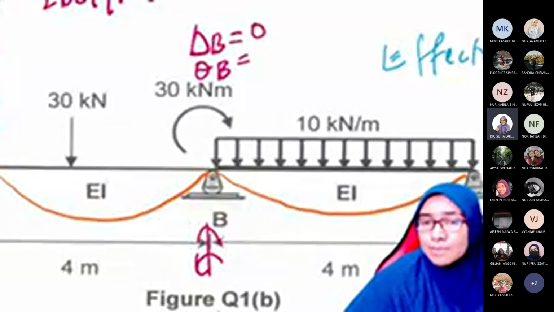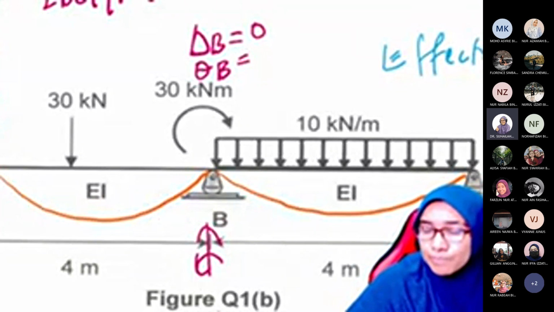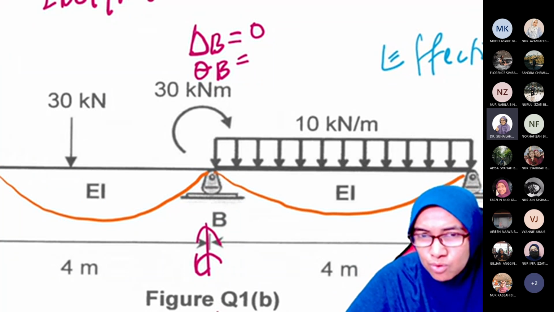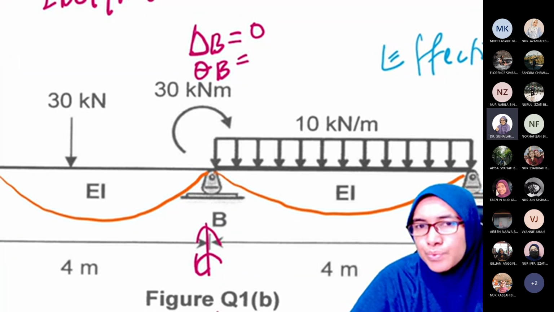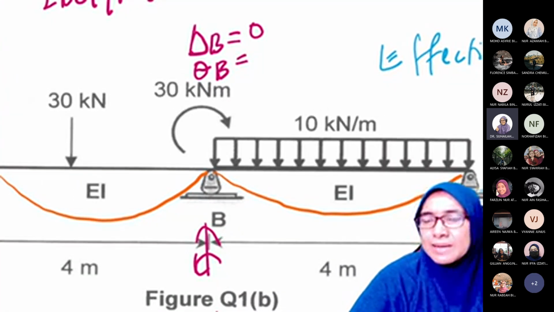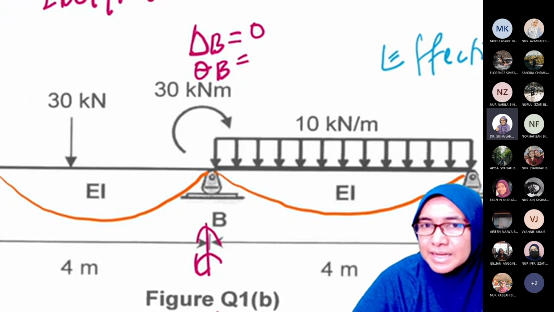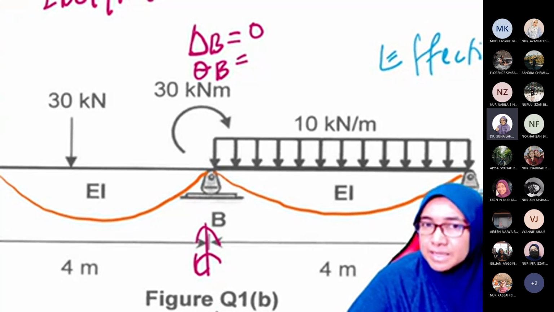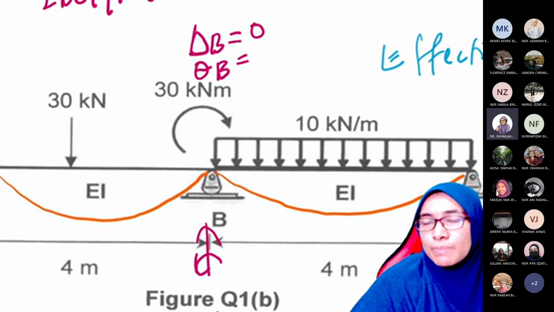Theta bukan moment, this is slope. 30 tu is moment, forces, Q. Now we talking about D, displacement. Kena boleh bezakan forces dengan displacement. Forces induce displacement. Now we are talking about displacement. 30 tu moment, moment yang induce rotation tu.